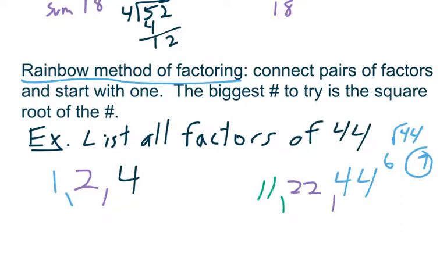I can try 5. It doesn't end in a 0 or 5, so 5 doesn't work. I can try 6, but it's not divisible by both 2 and 3, so 6 doesn't work. 7 I don't have a rule for, but 7 times 6 is 42, 7 times 7 is 49, 7 doesn't work. And now I'm done, because I've already tried through my halfway point. So that's the maximum number I need to try.